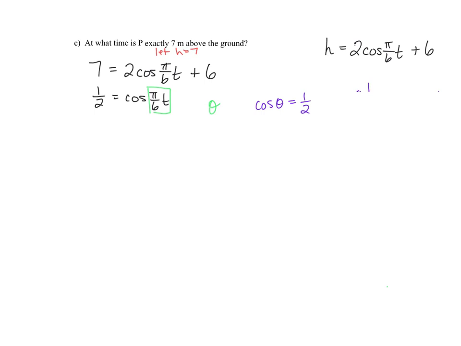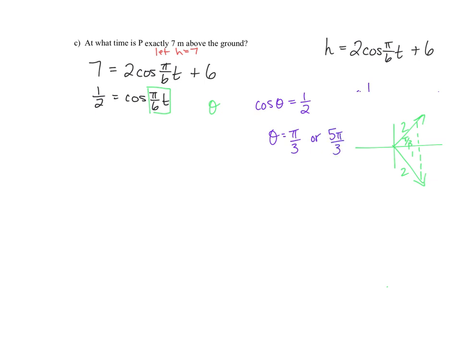So I know cos is positive where our adjacent side is positive. So we know that this will give us, normally we would answer that as theta equals pi by 3 or 5 pi by 3.